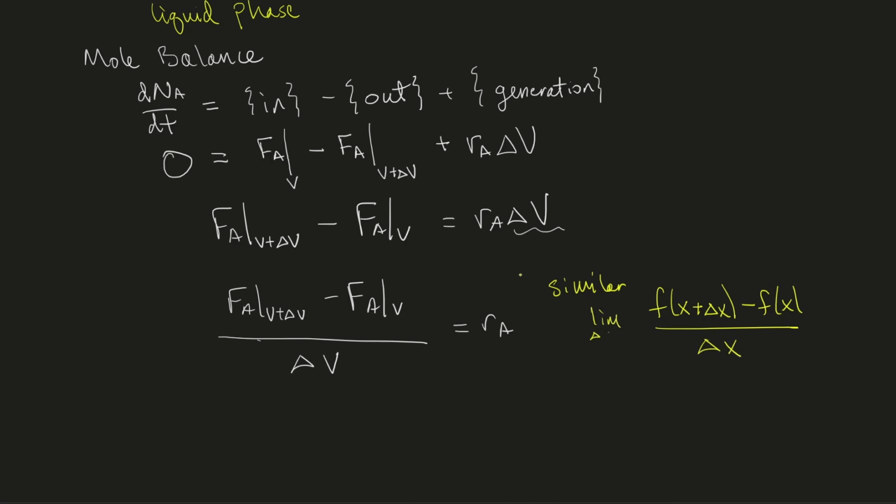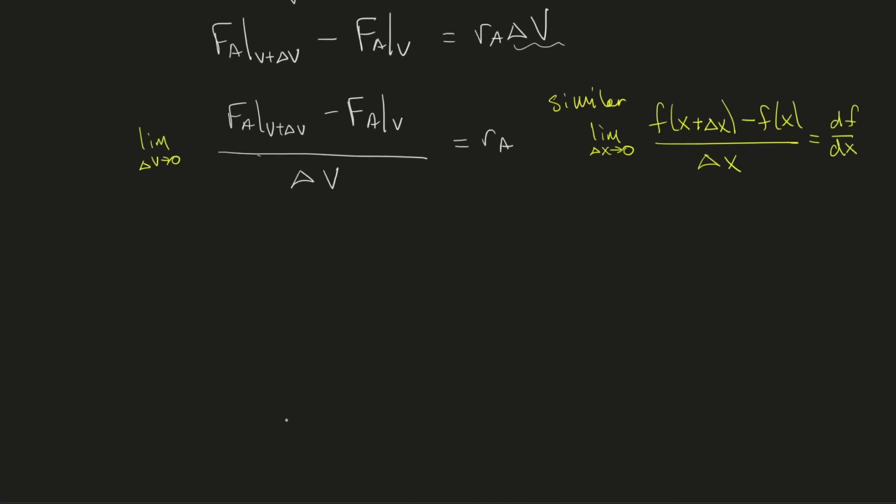If we take the limit of this as delta x goes to 0, this is equal to our derivative df/dx. So what we need to do here is take the limit as delta V goes to 0, and then this can turn into a derivative. We have FA evaluated at V plus delta V minus FA evaluated at V. That gives us dFA/dV is equal to RA.